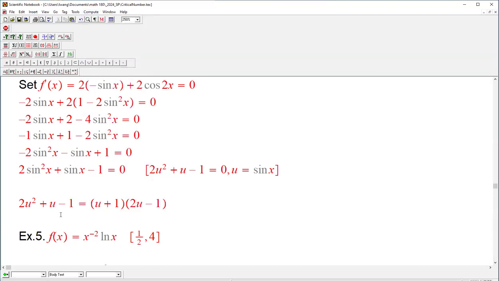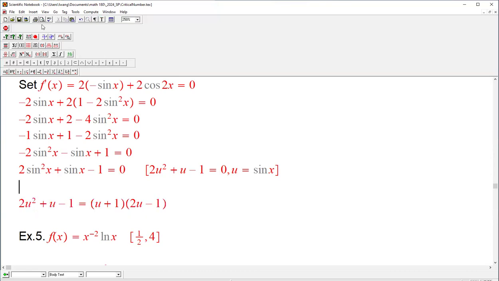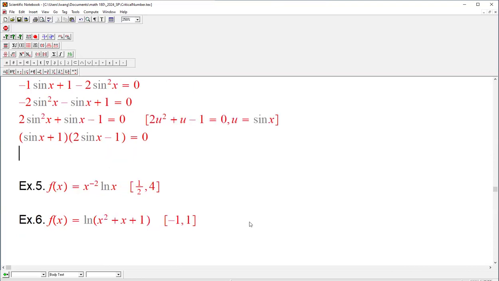It can be factored like that, so now we get u plus 1, which is sine x plus 1, multiplied by 2 times sine x minus 1, equals 0. Use your factoring technique. If your factoring technique doesn't work, use the quadratic formula. I don't want to make this too long. If you have issues with factoring, ask me in class.